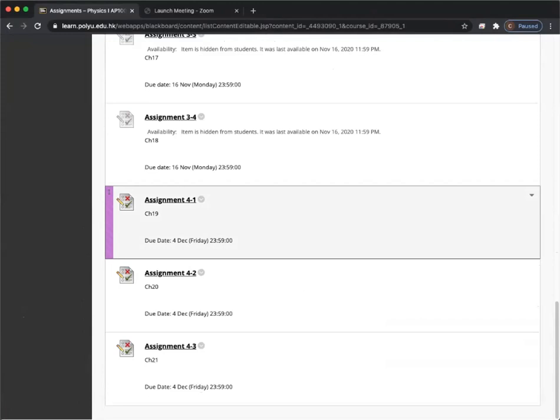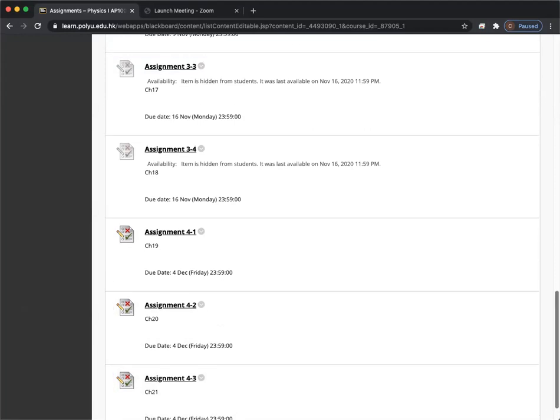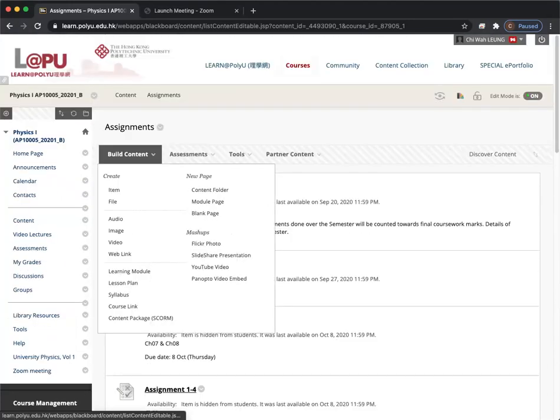The last assignment would be assignment 4.3. There would be no assignment 4.4. I would just post it here for your reference. And the materials that you should know would all be available in the lecture notes.